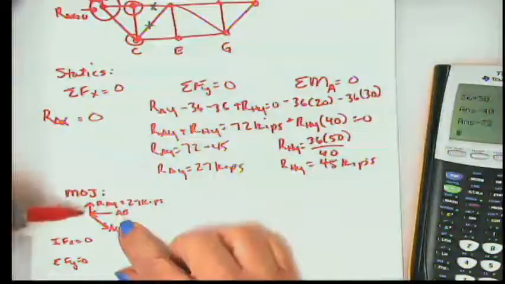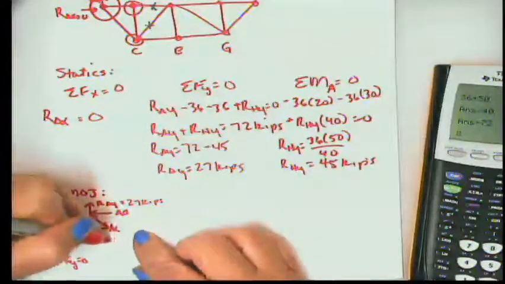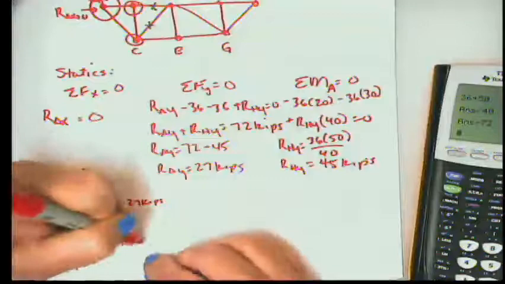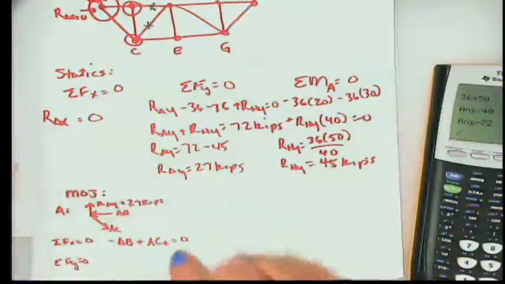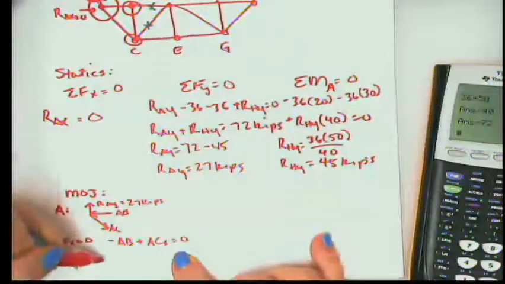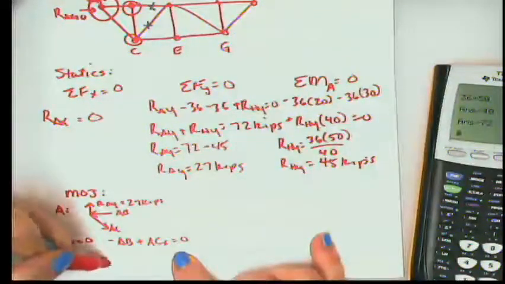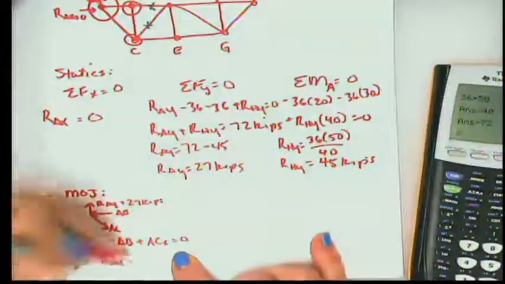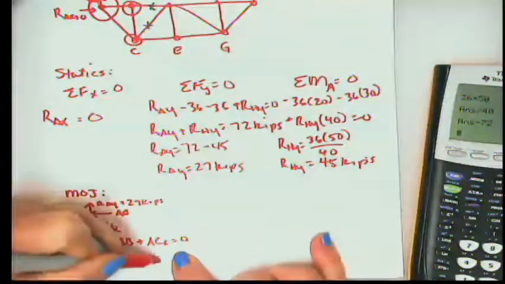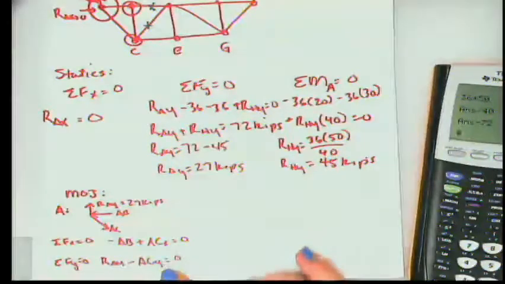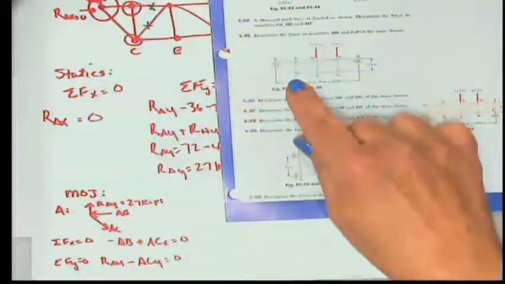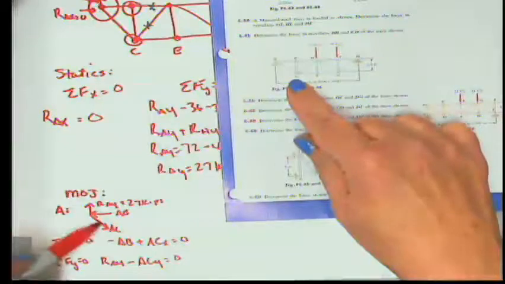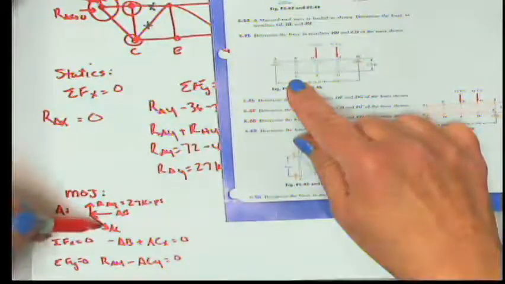All right. Now in the X direction, I have minus AB, then I'm going to have plus the X component of AC. Those two things added together equal 0. And in the Y direction, I have RAY, the whole thing, minus AC in the Y direction equals 0. So like I said earlier, when I look at those two, I can use the geometry of the truss to find the components of these forces.